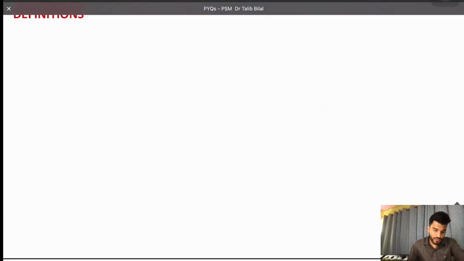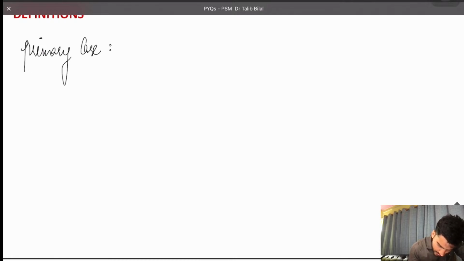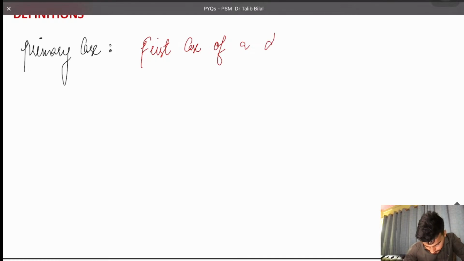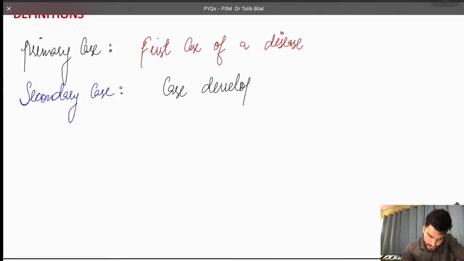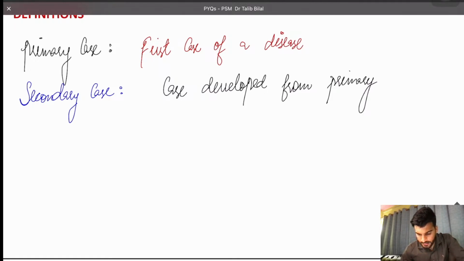Now let's discuss some definitions, guys. What is primary case? It is the first case of a disease. What is secondary case? A case developed from a primary case.